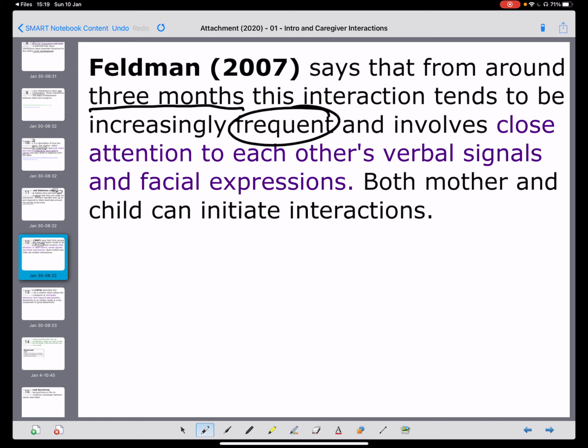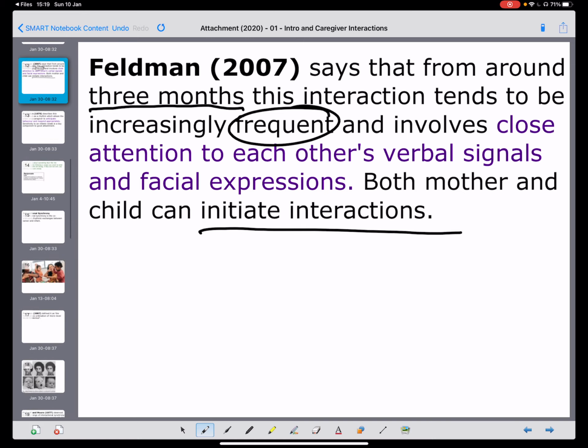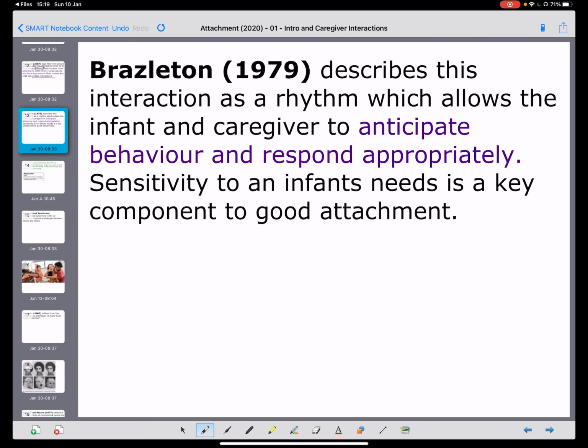The baby is vocalizing, not necessarily in actual words, but giving some kind of verbal signals and facial expressions, and both the mother and child initiate these interactions. That's quite interesting to me, to see that it's not just the adult who's doing this behavior.